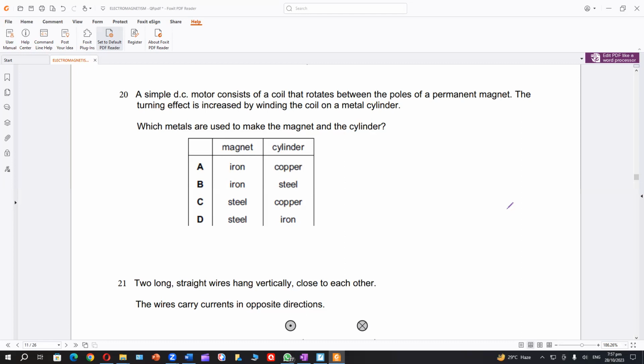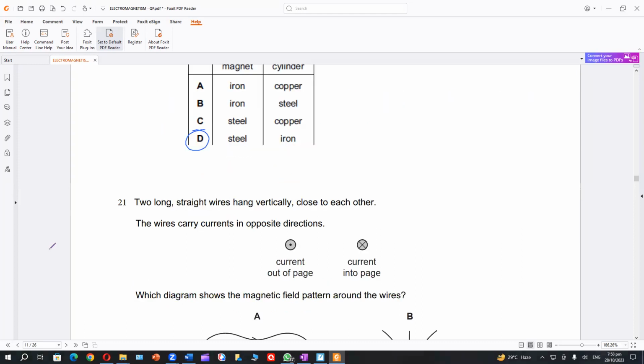Magnet should be steel, but cylinder should be iron because it's a temporary magnet. C is suggested. Why copper? Copper is not a magnetic material. D is better. D makes sense because the magnet should be a permanent magnet and the cylinder should be a temporary magnet. Iron core.